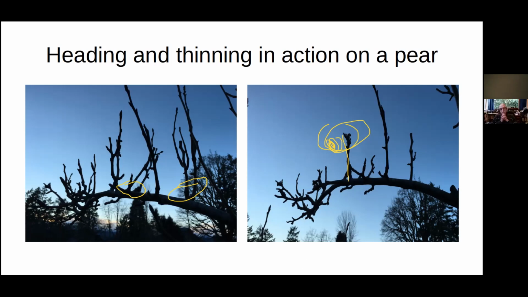But what's really important here is that even though some of these shoots might be kind of upright, they might be kind of less than ideal, I don't want to take all of those out, because then I would be left with 1, 2, maybe 2 feet of actually no fruiting wood whatsoever. And just a few fruit at the end here.